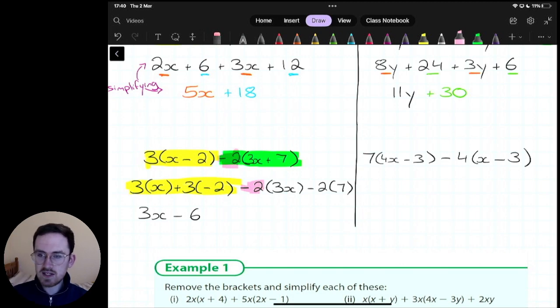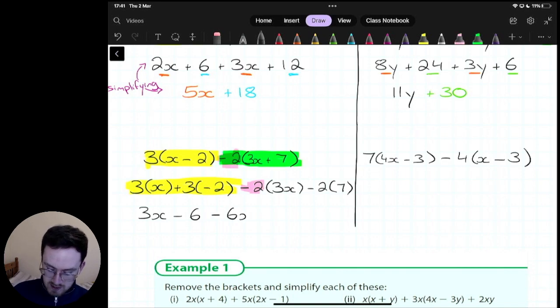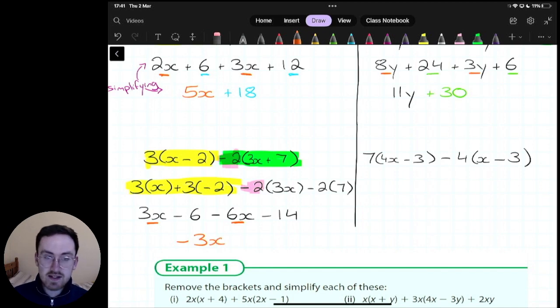It is minus 2, it's not just plus 2, it's not just a 2. Minus 2 multiplied by 3x gives me minus 6x, and minus 2 multiplied by 7 gives me minus 14. Then looking at our x's, I have 3x here and minus 6x here, and that gives me minus 3x. And then minus 6 minus 14 gives me minus 20.